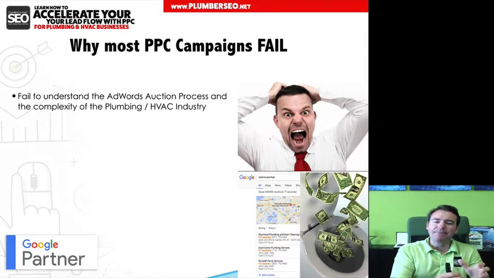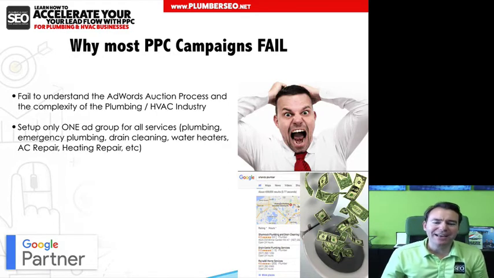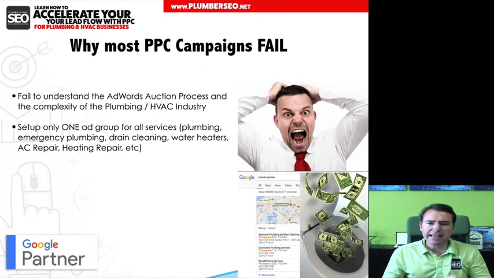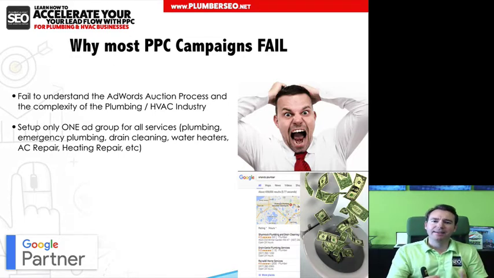So in most cases when I see failed campaigns, it's because of that, right? The person running the campaign either doesn't understand how the AdWords auction process works or doesn't really understand the complexity of the plumbing and HVAC industry. As a result, they wind up setting up one campaign for all of the different services. They'll lump plumbing, emergency plumber, water heater repair, drain cleaning into one campaign, have one text ad or maybe two text ads, and then land it right on the homepage of the plumbing company's website.